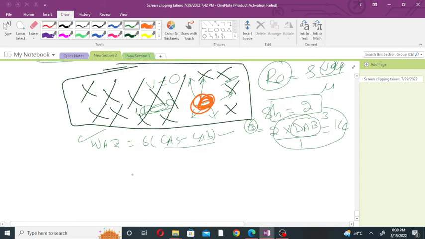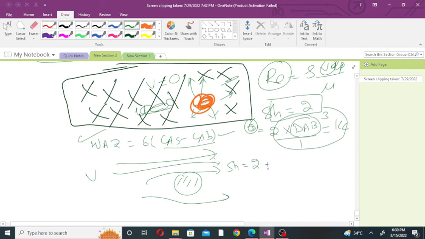Now suppose a fluid is passing through the catalyst particle, and the velocity of the fluid is very large. In that case the Sherwood number will be equal to 2 plus 0.6 Reynolds number to the power 1/2 and Schmidt number to the power 1/3.